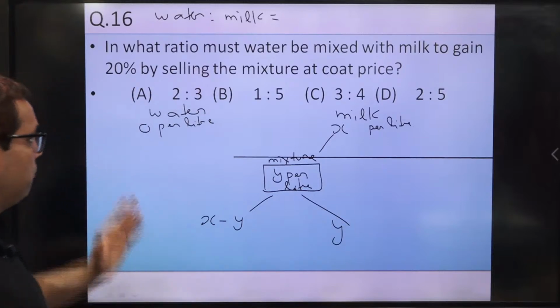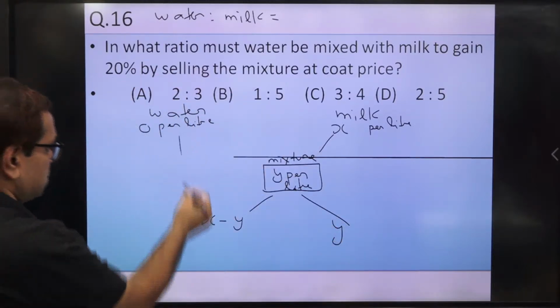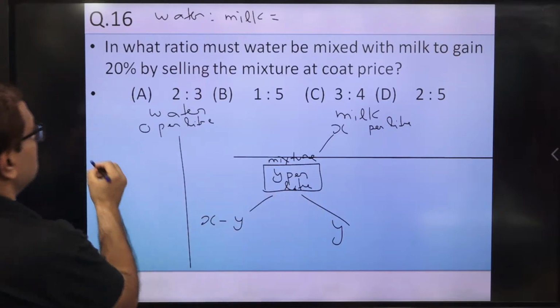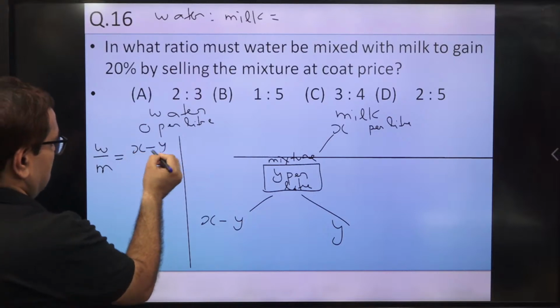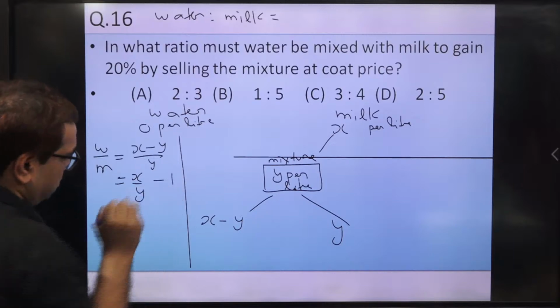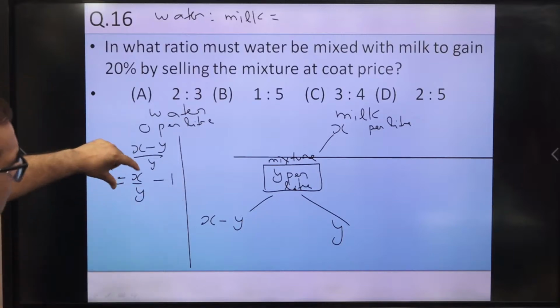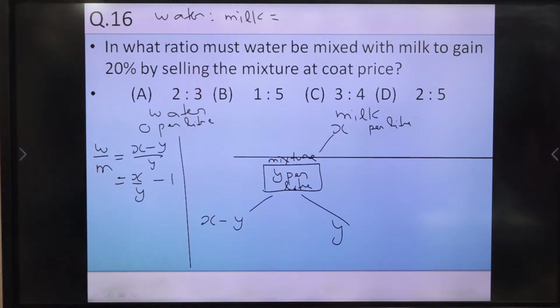Our ratio of water to milk is this upon this. So this ratio will be (x minus y) upon y. So the water to milk ratio is equal to (x minus y) upon y, which is equal to x upon y minus 1. So we have to compute this quantity, x upon y minus 1. This ratio will be our answer.